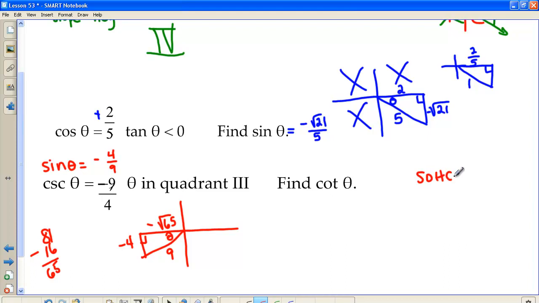Remember SOHCAHTOA. So if tangent is TOA, which is opposite over adjacent, cotangent is going to be adjacent over opposite. So negative radical 65, adjacent, over opposite. Negative divided by negative is positive, so you could really just leave it as radical 65 over 4.